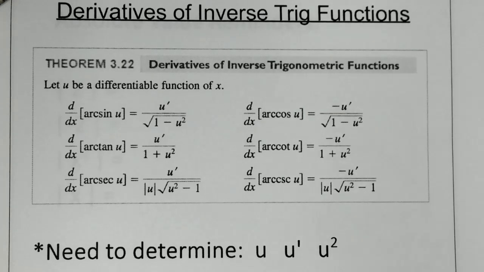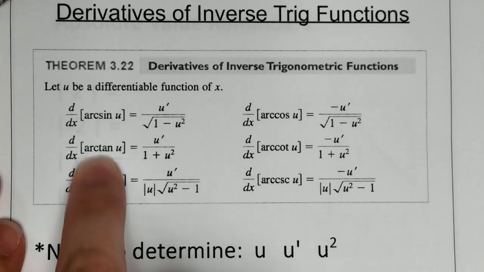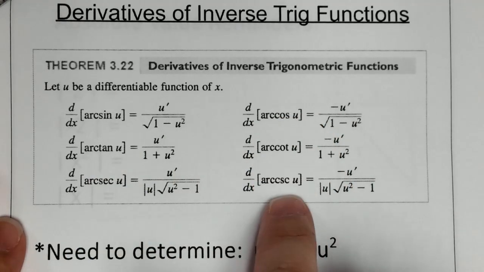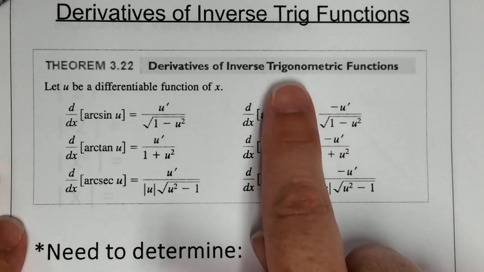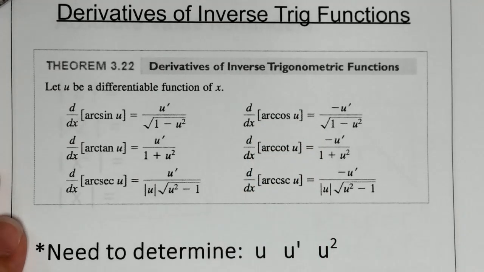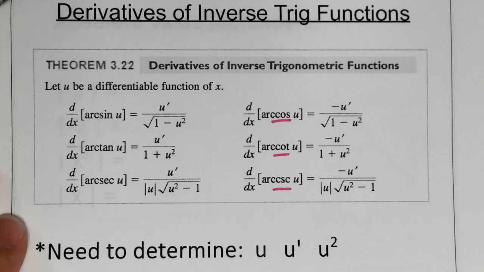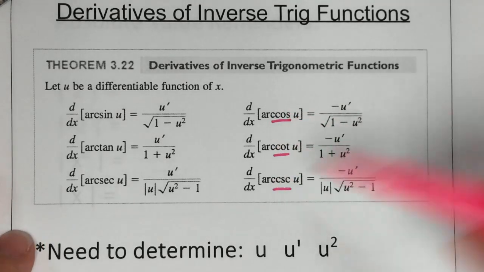All right, the way that these are formatted, you have arcsine, arctangent, arcsecant, and over here we have arccosine, arccotangent, and arccosecant. So what do these 3 functions have in common? We call those the co-functions. They all have co. Cosine, cotangent, cosecant.